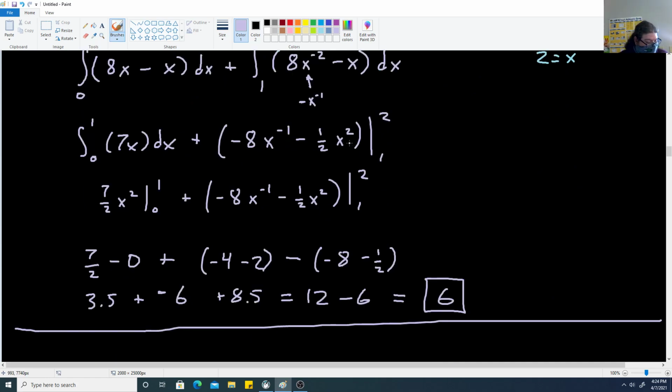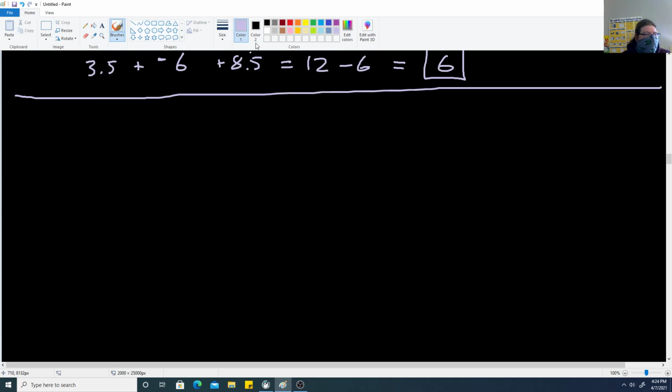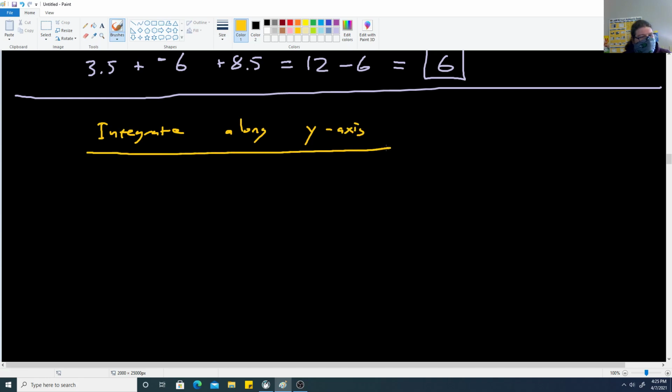The last thing in this section is if we look at doing stuff along the y-axis. So if we integrate along the y-axis, let's say we wanted to look at the integral from -6 up to 6 of y squared minus 9 dy.